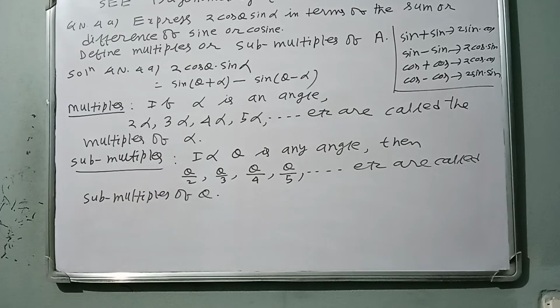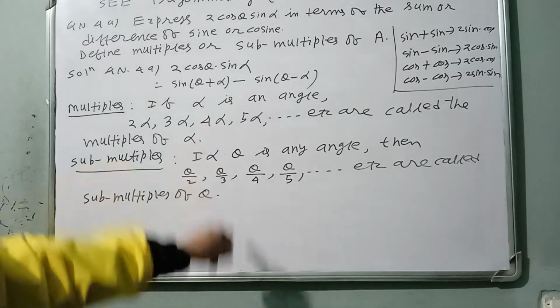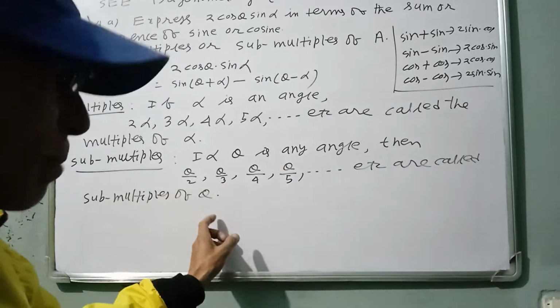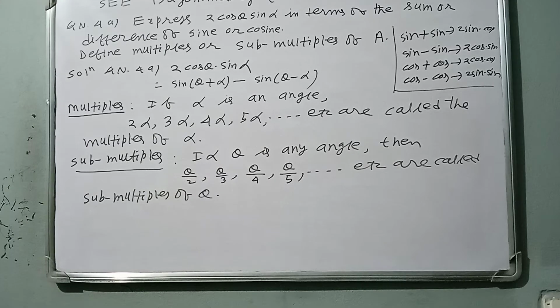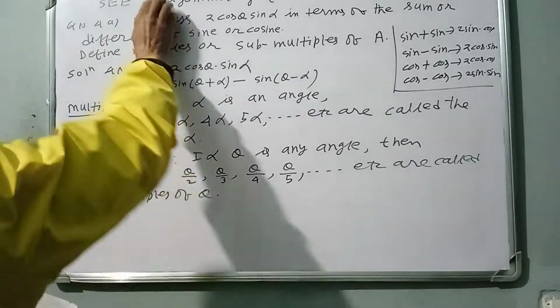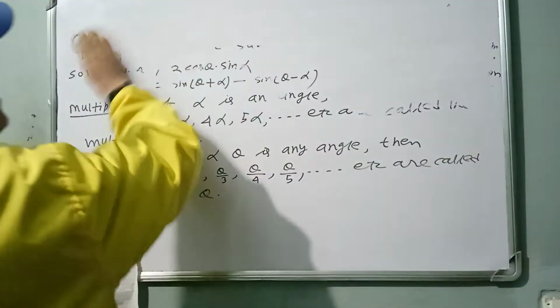If theta is an angle, then those smaller than theta, theta by 2, theta by 3, theta by 4, theta by 5, are called sub-multiples. Here, multiples mean bigger, sub-multiples mean smaller. Question number 4a, finished.